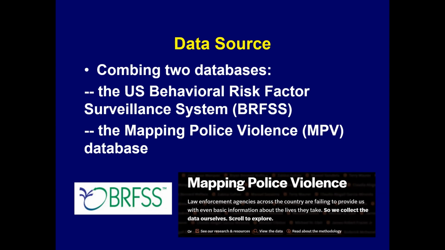This database includes information on the age, race, and sex of the victim, and whether the victim was armed, such as whether there was any weapon that could be used to harm or kill others. It also includes the location of the killing.